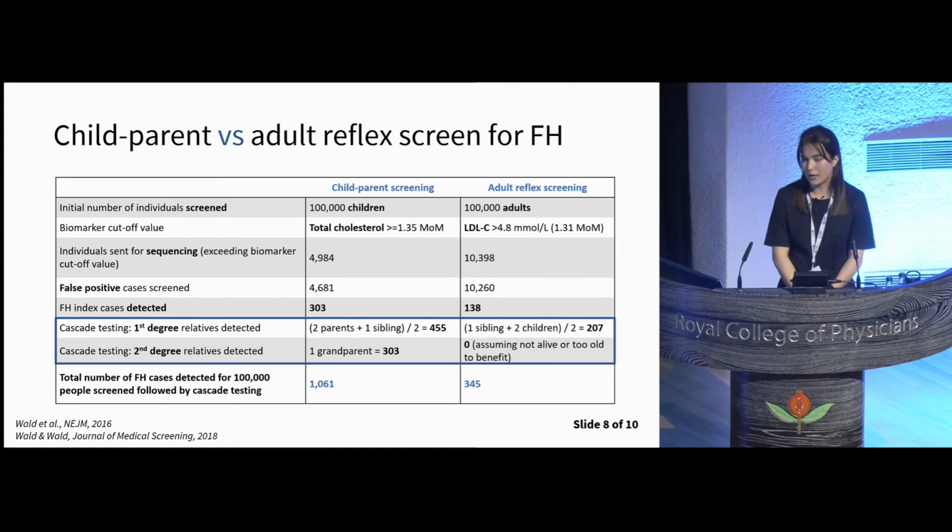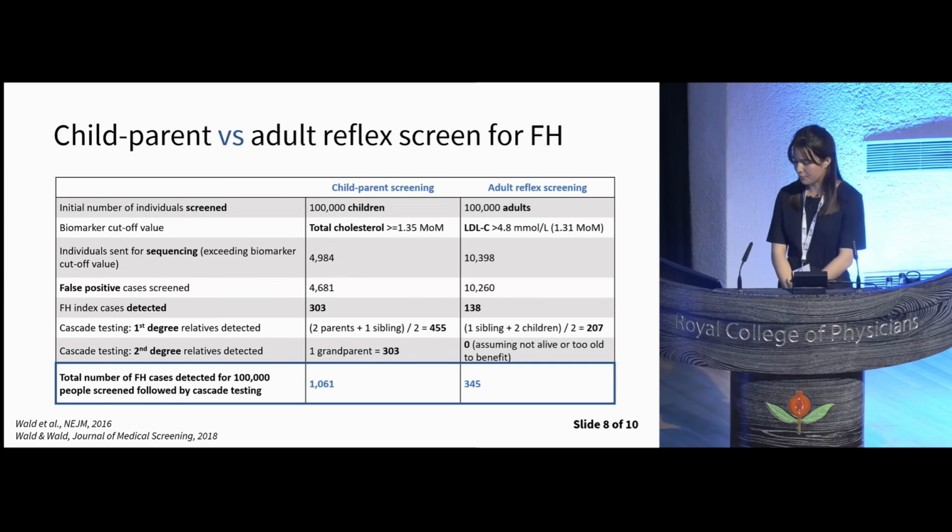Additionally, if we have a look at cascade testing of these newly identified FH index cases, we can see that the child-parent screening strategy identifies an additional generation of individuals compared to the adult reflex screen. This is assuming that the parents of the adults screened in the adult reflex screening strategy are either deceased or too old to benefit from lipid-lowering treatment.